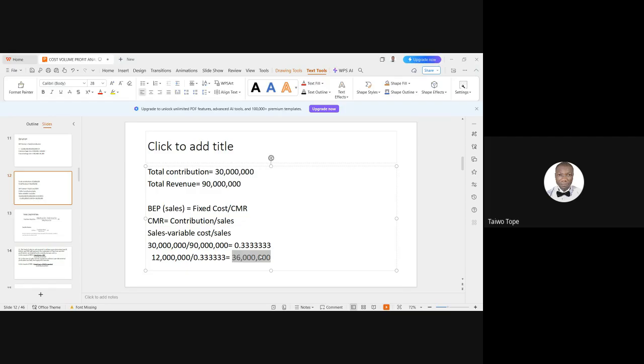So what is the portion of the common bag in this 36 million?